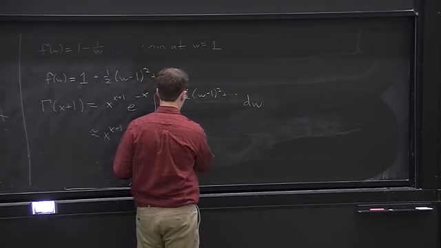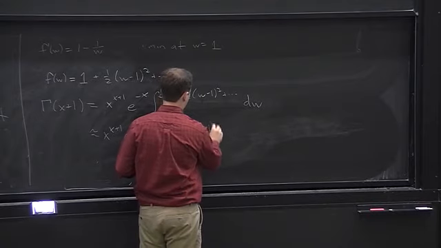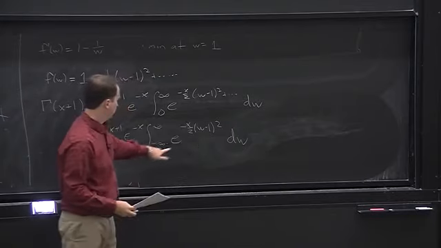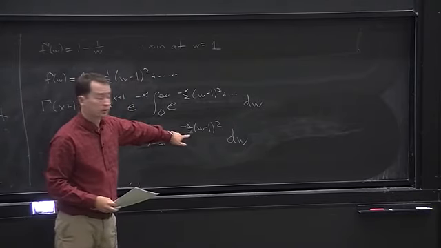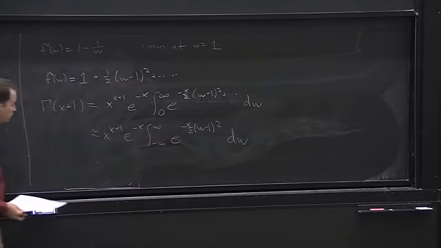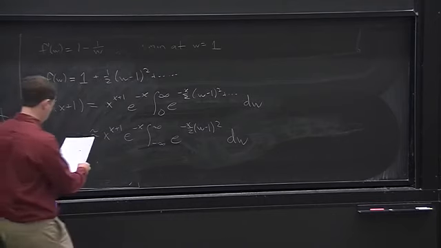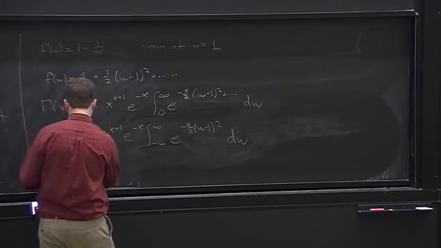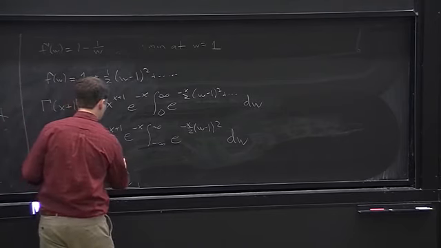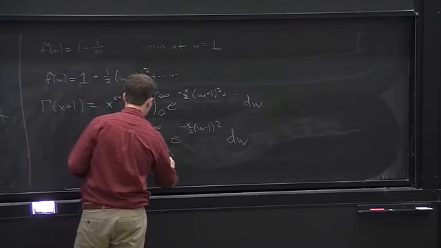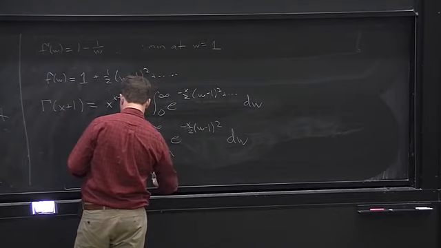So we're not making much of an error if we just extend the range of integration and approximate this as a Gaussian integral from minus infinity to infinity, which, based on Friday's tutorial, we can evaluate. It just gives us root 2 pi over x.